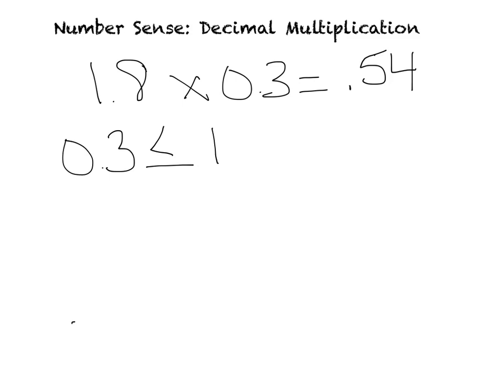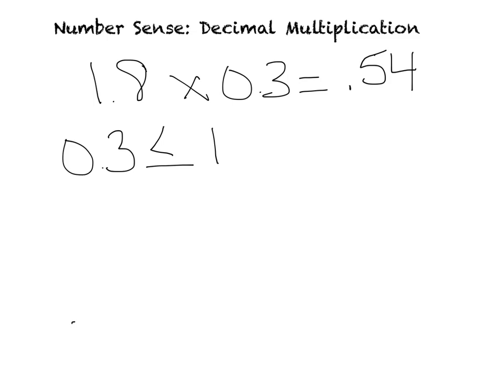How do I know that? Because I'm looking at my number. It's a decimal. It's a part of a whole number. Only 3 out of the 10 is being used, right? It's a part. 3 out of the 10. The 3 is being used. The 3 is the part.